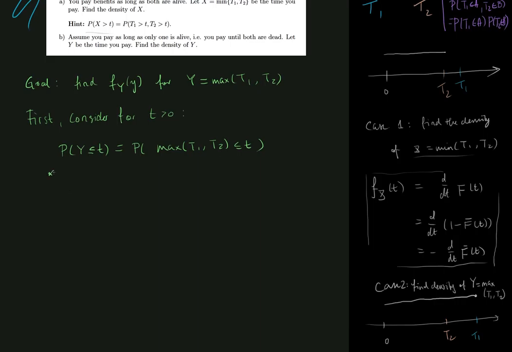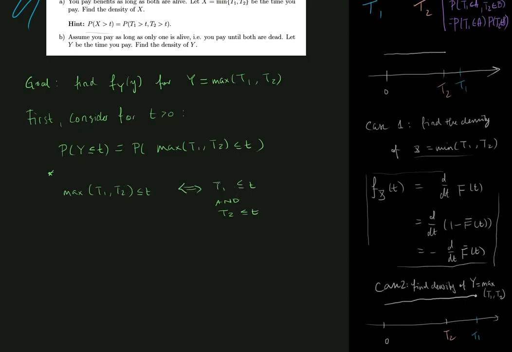If the maximum of T1 and T2 is smaller than a value, then that must mean that T1 is smaller than that value and T2 is smaller than that value. However, if both T1 and T2 are smaller than some value, that must mean that the biggest of them is also smaller than that value.